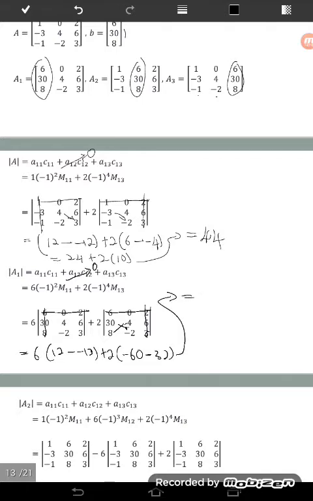Okay, so it is equal to 6 times 12 plus 12 is 24, plus 2 times negative 60 minus 32 is negative 92. So the answer is negative 40.